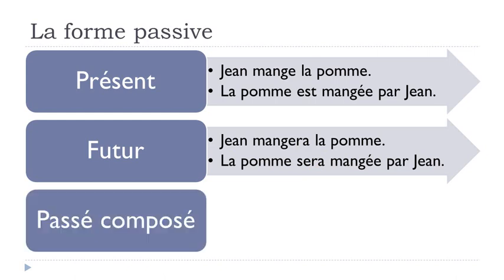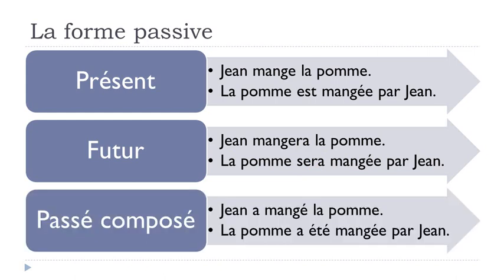And then let's see le passé composé now. Jean a mangé la pomme. And then if you change it and put it at the passive form: la pomme a été, remember this a été is the passé composé form of être, mangé par Jean. The rest doesn't change.